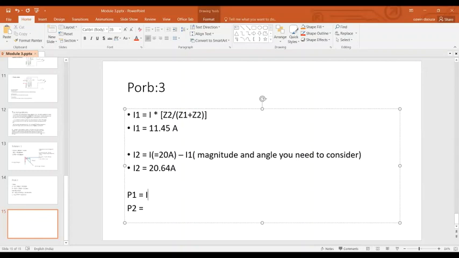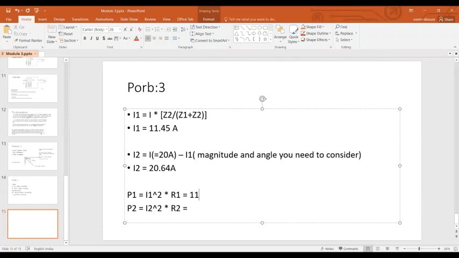So P1 is I1 squared into R1, the resistance of the first impedance. And P2 is I2 squared into R2.